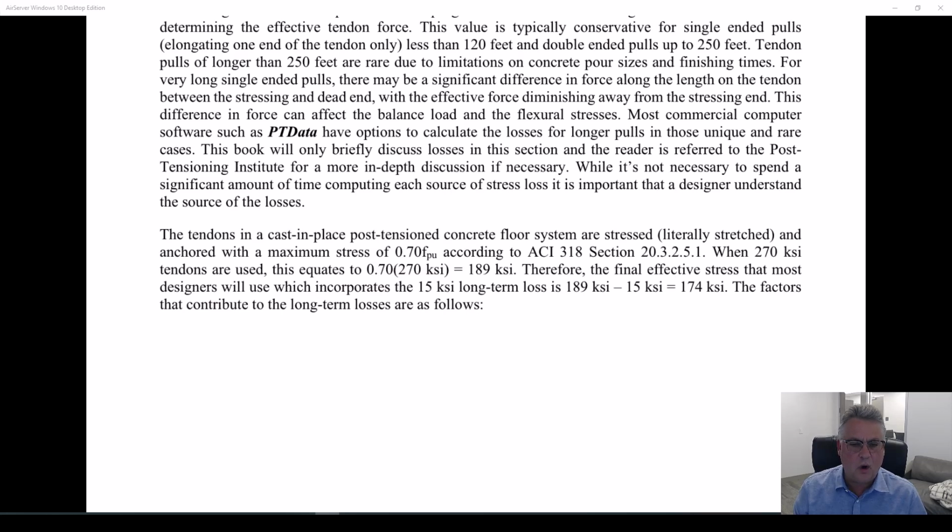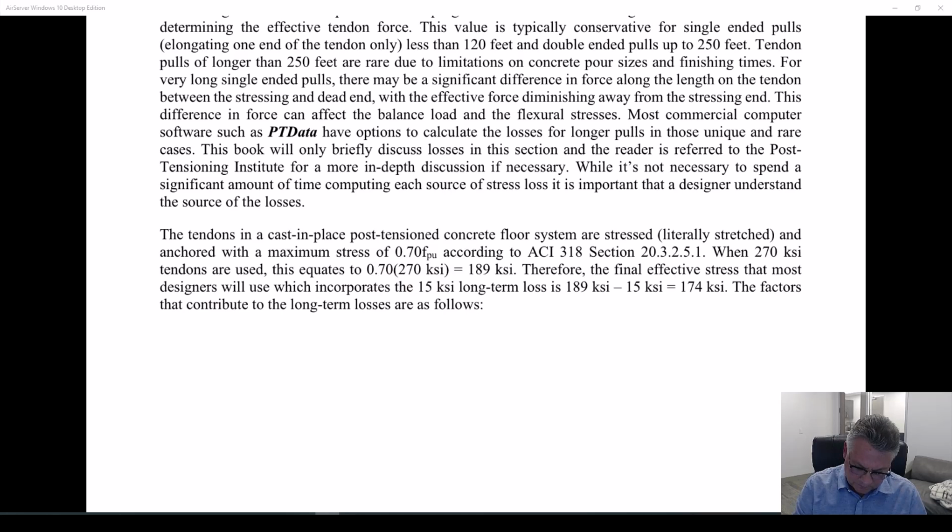Well, FPU is always 270 KSI now. There used to be other strengths of steel when this first started. So the code is written to accept any amount of FPU, but everything you're ever going to do in your career will most likely be based on 270 KSI steel. So that's what we're talking about.